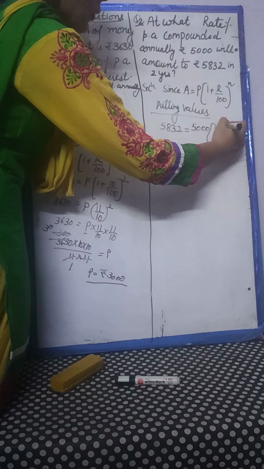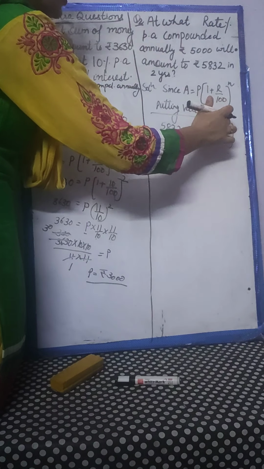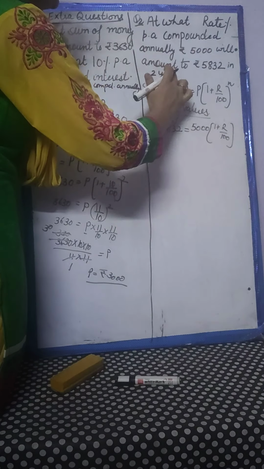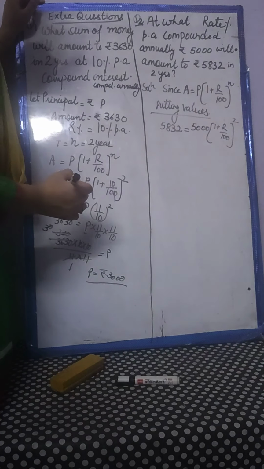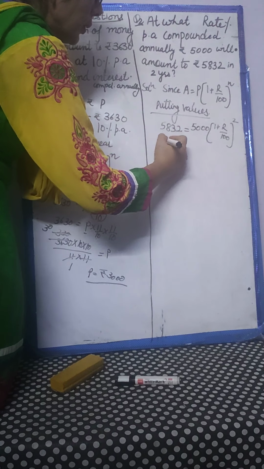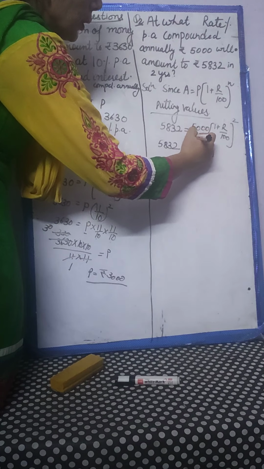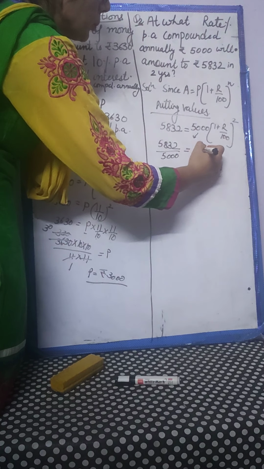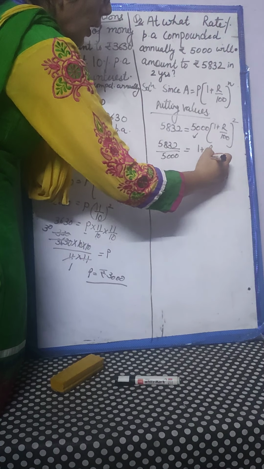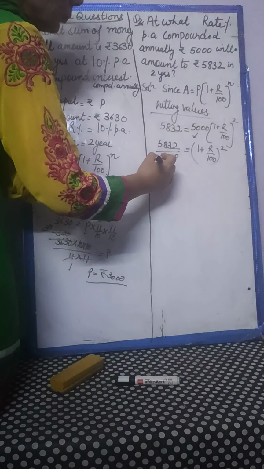Rate is not given, I am assuming it as R only. In 2 years it is given, so put time is equal to 2. I am bringing this 5832 here upon 5000 is equal to 1 plus R by 100 raised to power 2.